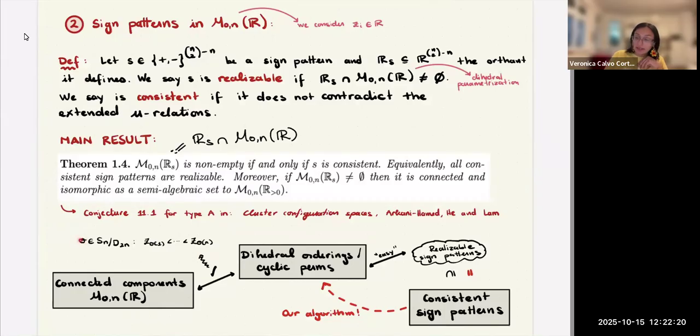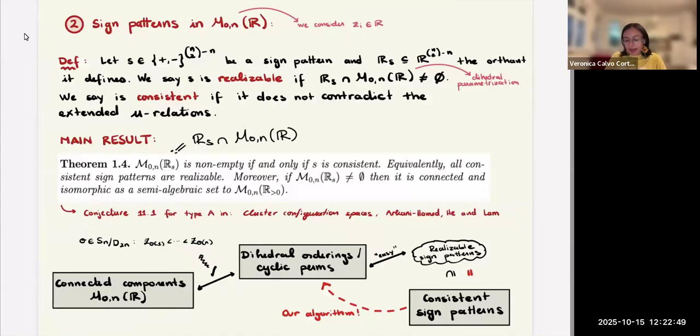In particular, the identity, which corresponds to the usual order 1, 2, 3, 4, 5, until n, corresponds to when you already chose the labeling of your points to be ordered. And this is what would be M0n(R) positive. So this is the way to go in between connected components and dihedral orderings or permutations.